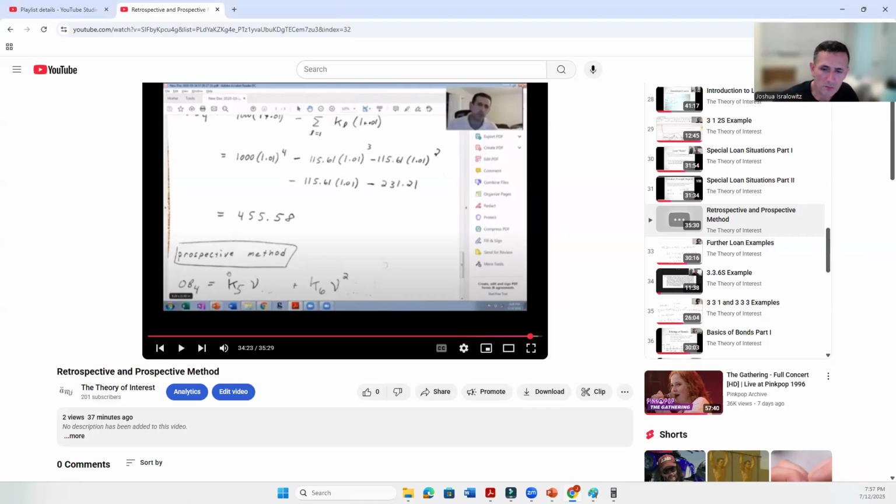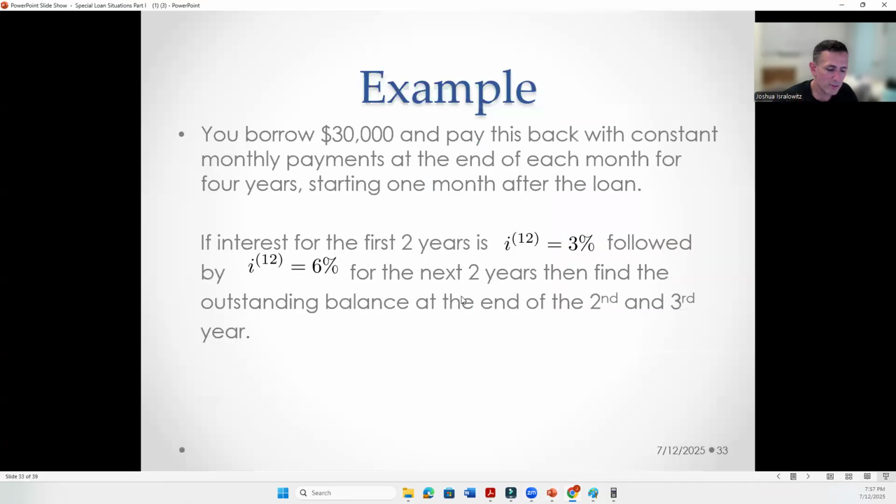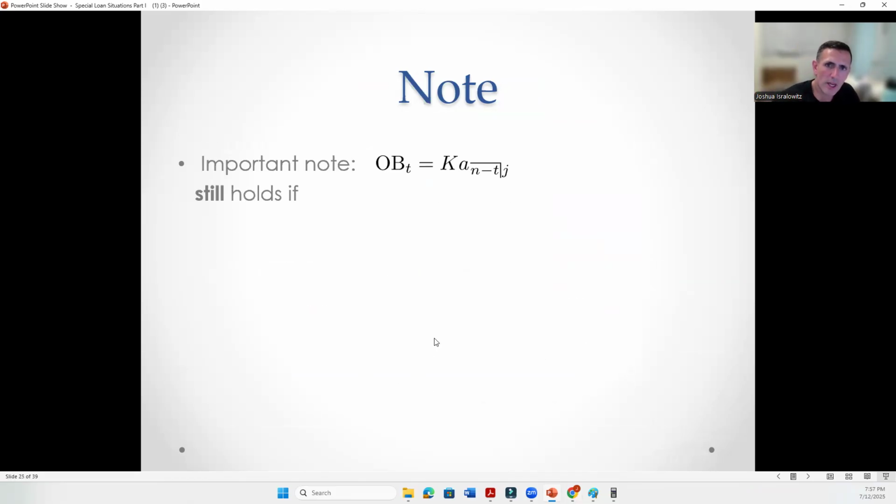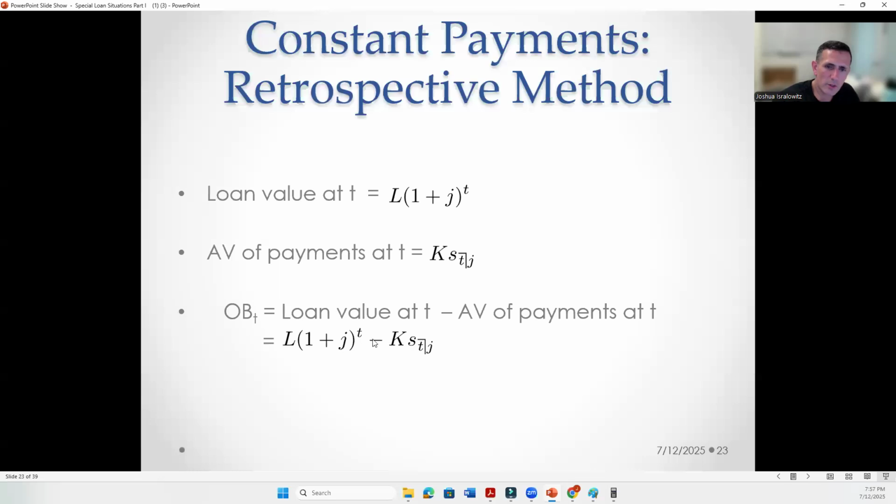Sorry, I sometimes get those two mixed up, which one means which, so I apologize if I'm confusing there. The reason why using this formula doesn't make any sense is because from 0 to 36, we have two interest rates.